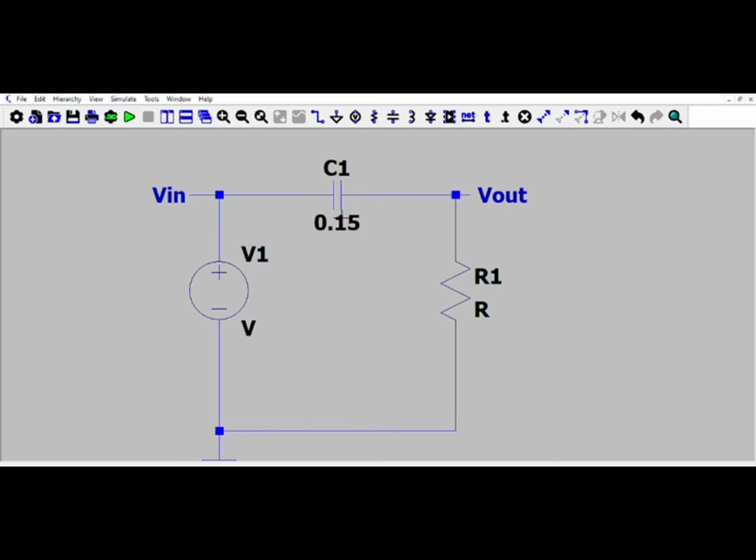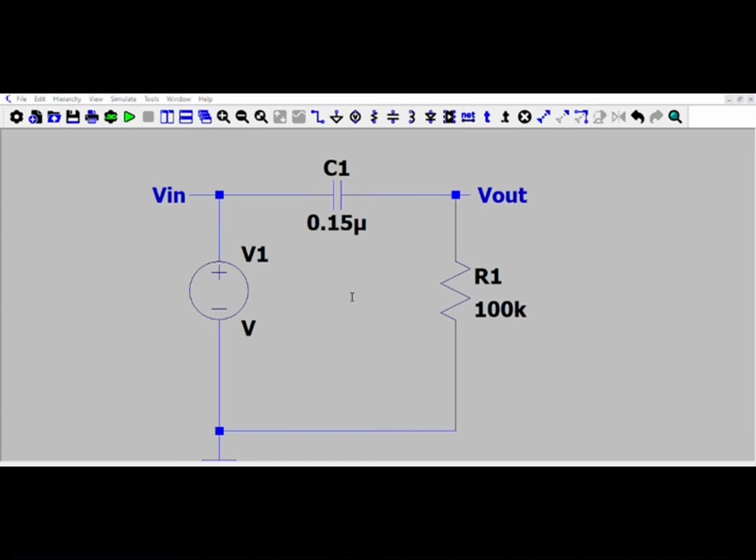And then we should change the values just like we calculated before, which is the C1 should be 0.15 microfarad and the resistor will be 100k ohm.